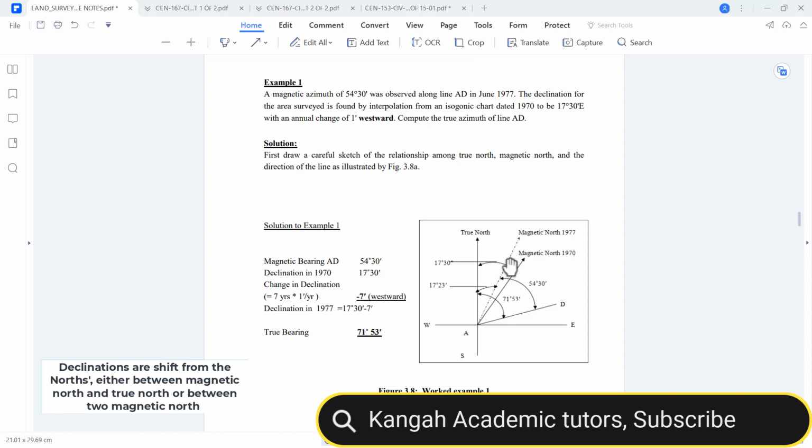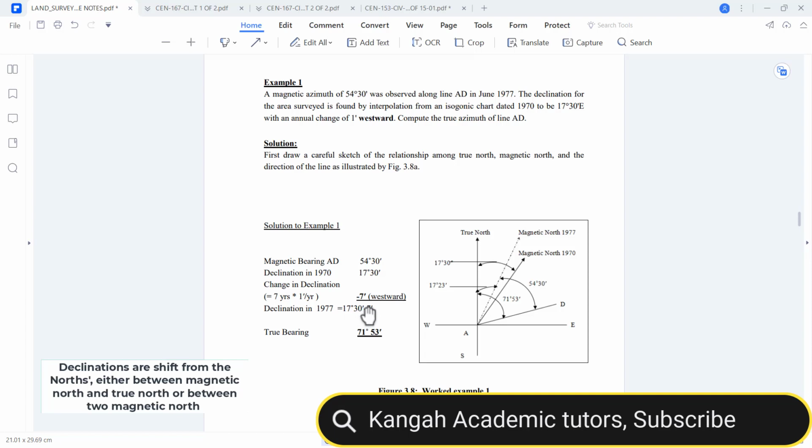Okay, so now since it is negative, we will have to subtract. The 17 degrees 30 minutes was eastward, so this one is positive and the 7 is negative. So you have to subtract the 7 minutes from the 17 degrees 30 minutes.